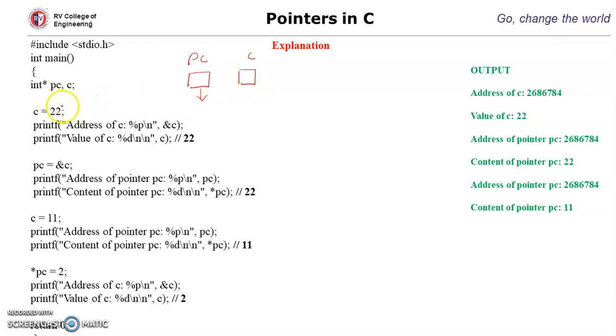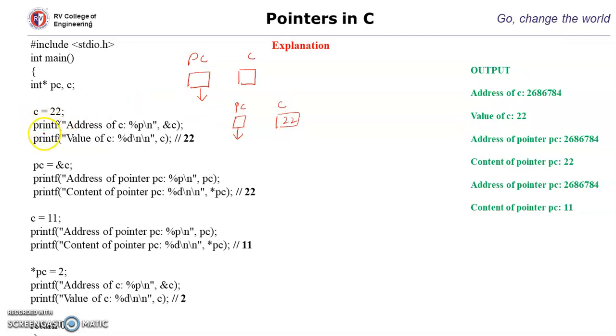Now in this line, c = 22. This assigns the value 22 to the variable c, that is, 22 is stored in the memory location of variable c.